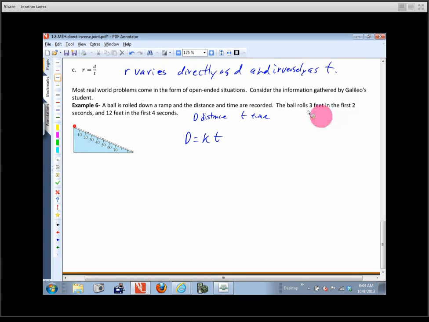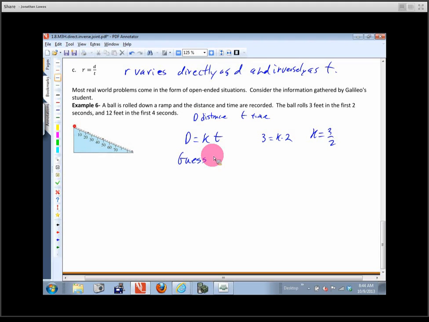We have this piece of information right here, so let's plug that in. The distance is 3 feet when the time is 2. So our guess is K equals, careful, 3/2, right? K equals 3/2, correct? Okay. So this is our guess.